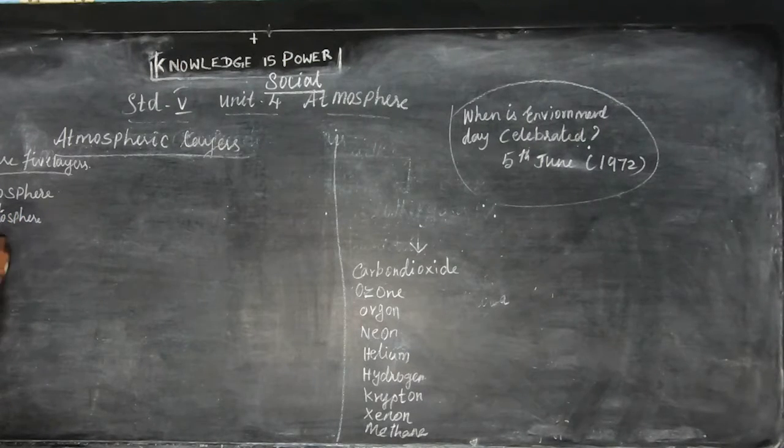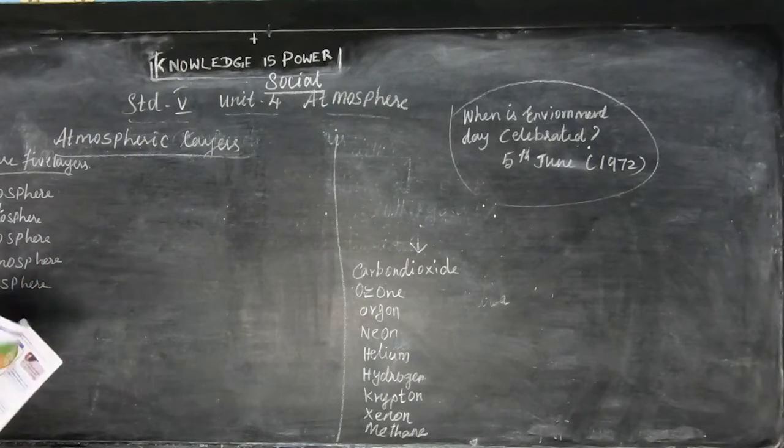These are the 5 layers of the atmosphere: troposphere, stratosphere, mesosphere, thermosphere and exosphere.